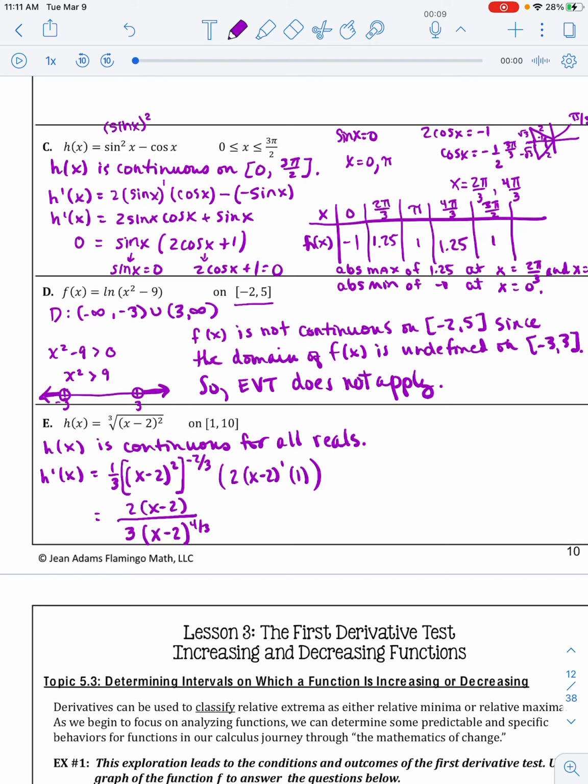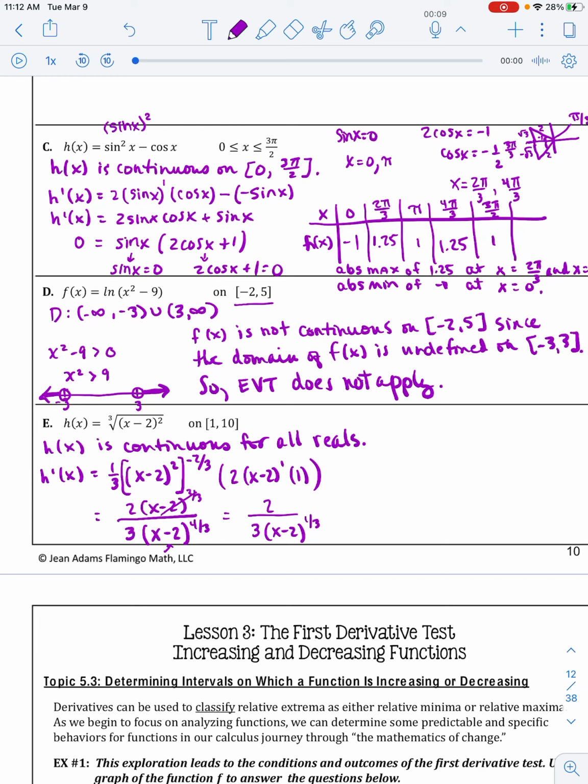Now, since this x minus 2 is like to the 3/3, this is going to reduce because this is going to cancel with 3/3 of this one, right? And so this becomes 2 over 3 times x minus 2 to the 1/3. And so that's your simplified derivative.